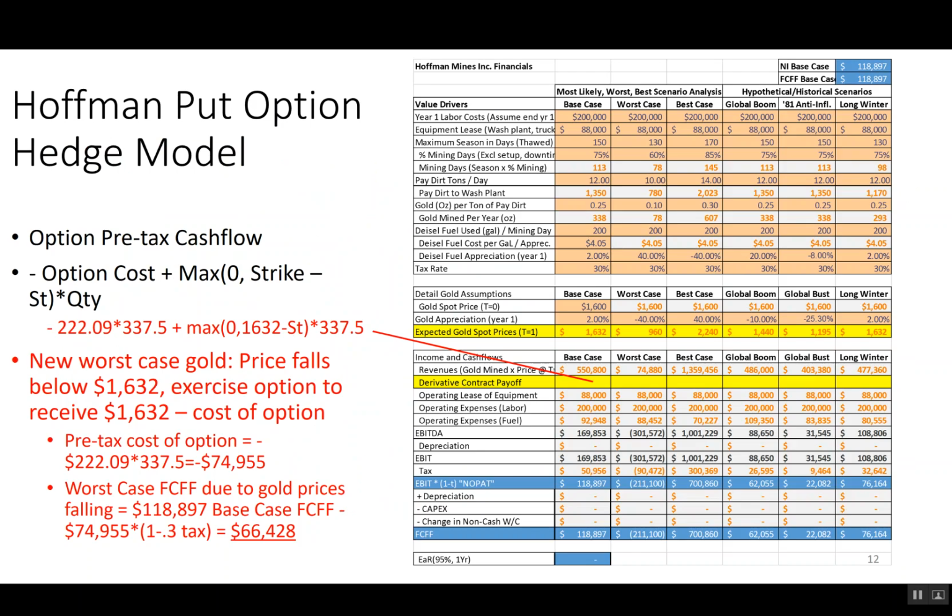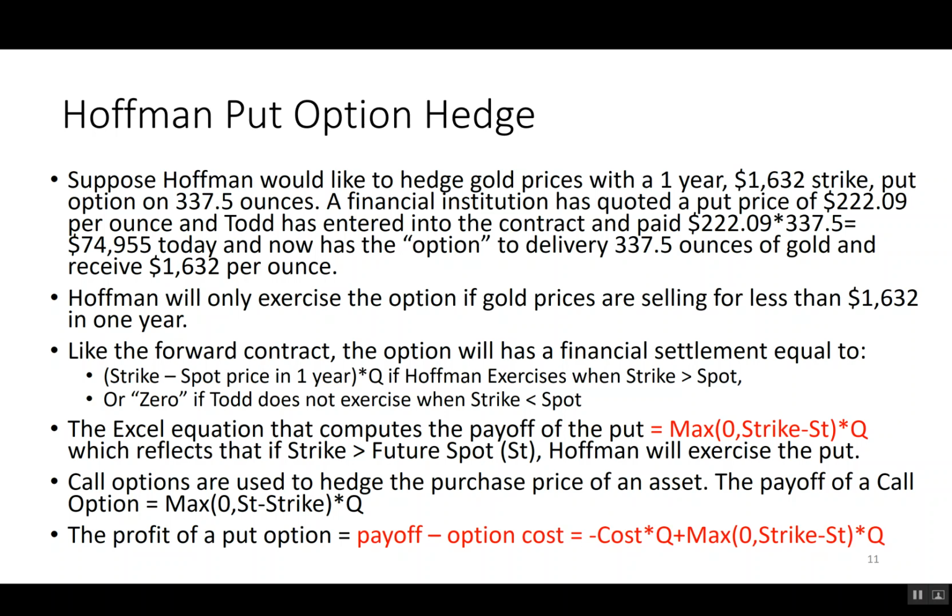All right, last slide before we put this in the model and see what happens. How do we model the fact that we have a put option or a call option on gold? Well, we have to handle two things. First of all, to buy an option, you have to pay someone to have this ability to walk away. Let's pretend that this put option to sell gold is selling for $222.09 per ounce, and Todd wants a put option on 337 ounces of gold.